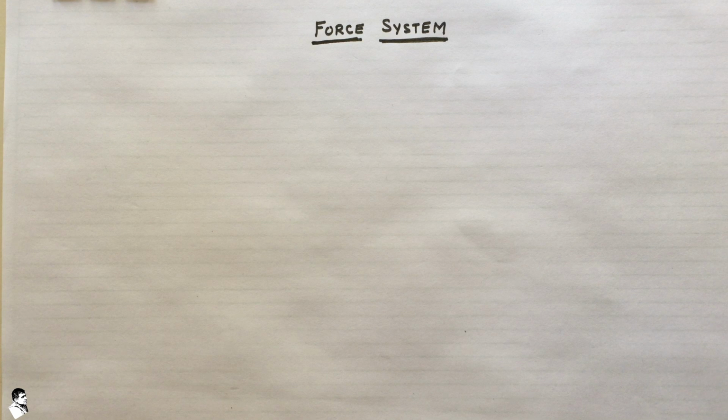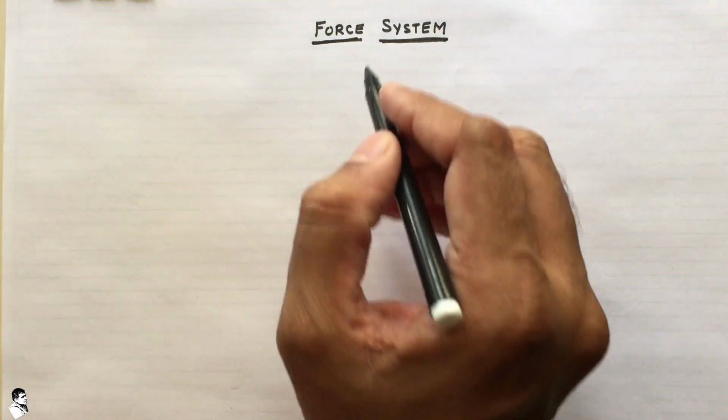Those forces are required to understand, or we can say that the force system applicable on the body is required to understand in a detailed manner. So let us try to understand it with a chart.